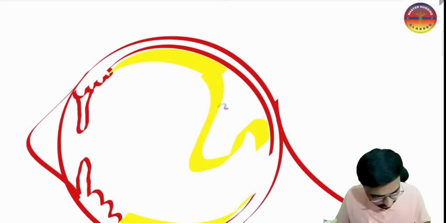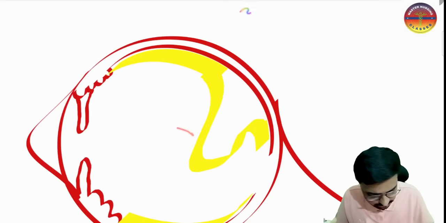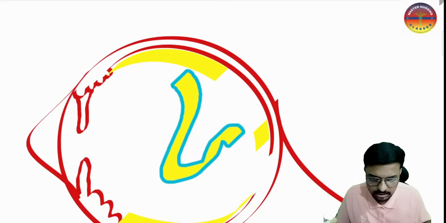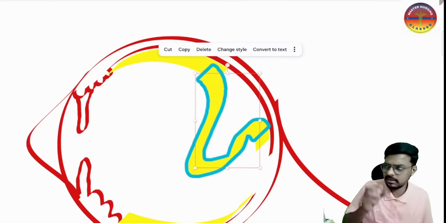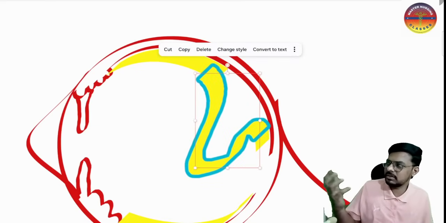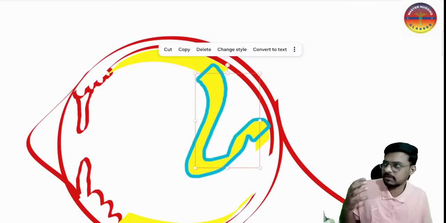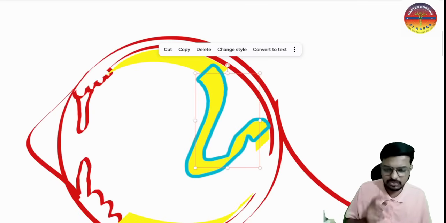This portion here is like a curtain of a window. Externally nothing is there, yet the patient will feel some curtain flowing in the visual field, some fluttering in the visual field.